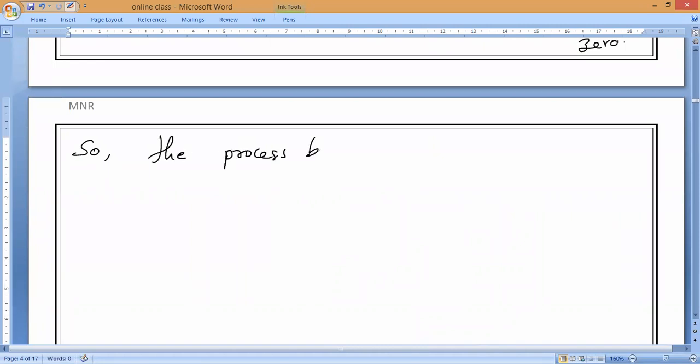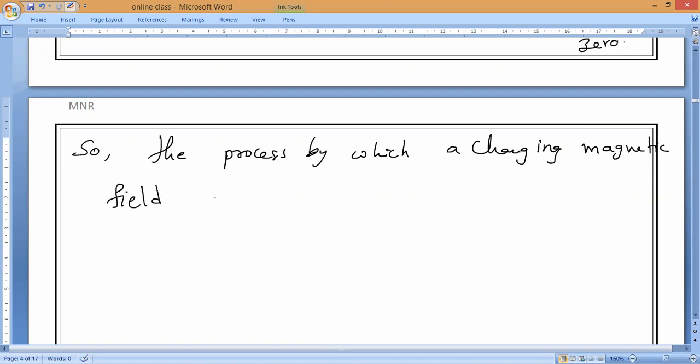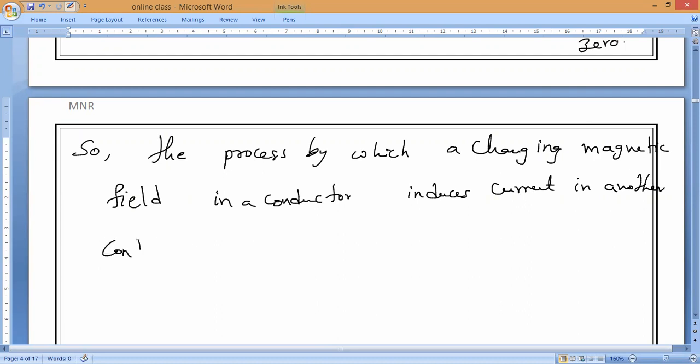So the process by which a change in magnetic field, we are changing the magnetic field so that current is induced. Changing the magnetic field in a conductor induces current in another conductor. This is called electromagnetic induction.